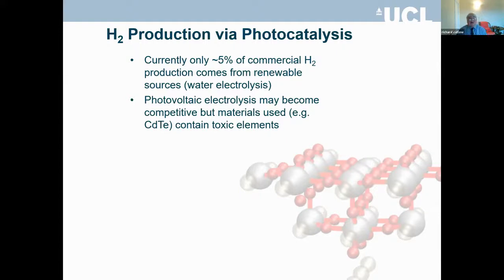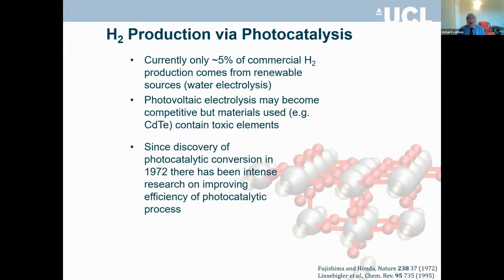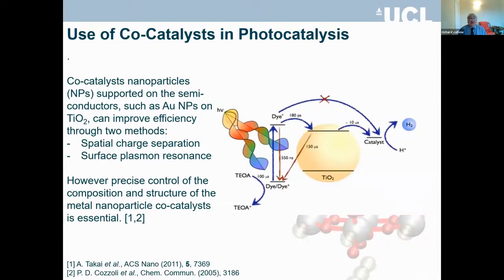So that's quite a major issue. Electrolysis may become competitive, but materials used contain toxic elements. And for well over 40 years, there has been intensive research on photocatalytic generation of hydrogen, and a lot of groups around the world working in this field.